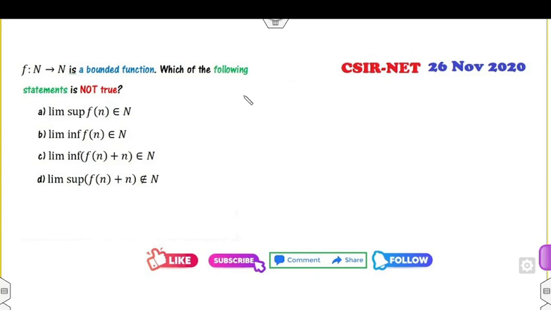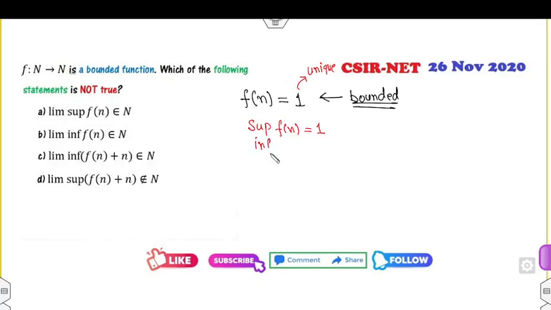F is a bounded function. Can you choose any bounded function? Every constant function is bounded. Whenever you provide a counterexample, always start from the constant function. Then, what is the supremum of f_n? It is 1 because the limit is unique. That's the limit existence. Then infimum and the supremum are the same.